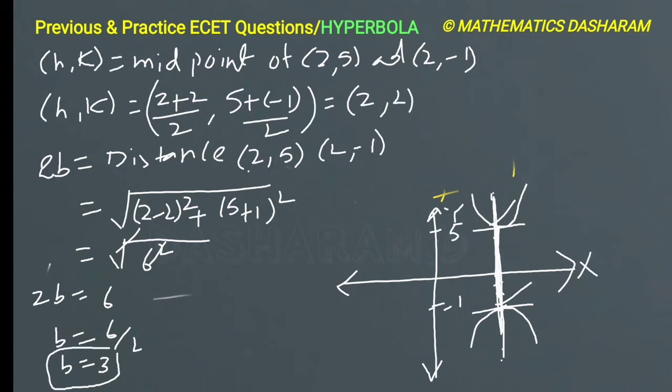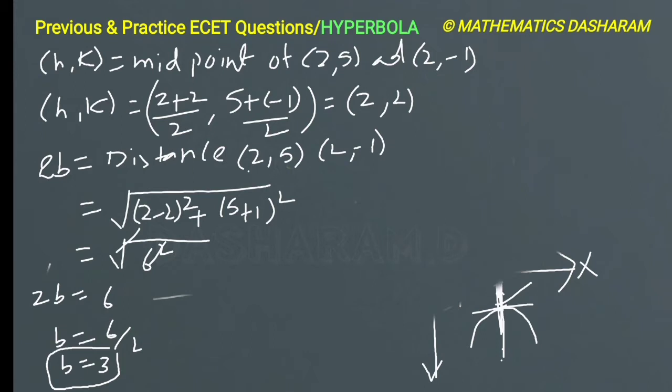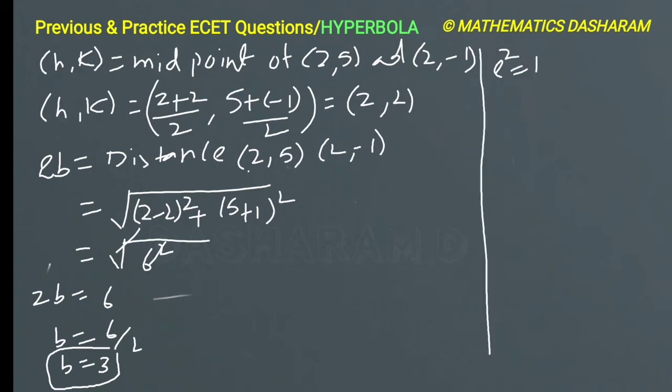Next we need the a value. So to find the a value, use the eccentricity formula. What is the eccentricity formula? It is a conjugate hyperbola, so e square equals 1 plus a square divided by b square.